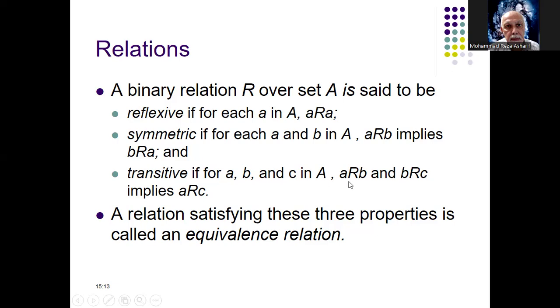So if a is related to b and b is related to c, and we have a related to c, we call it transitive. So we have reflexive, symmetric, and transitive.